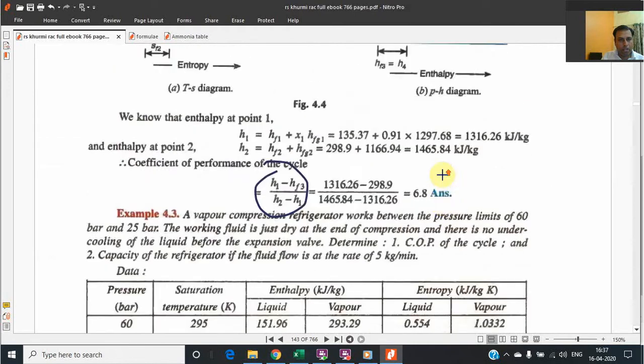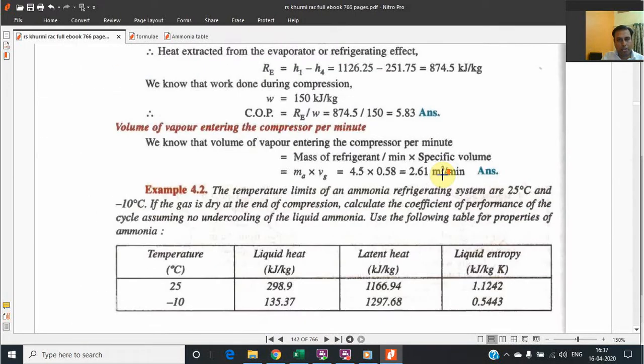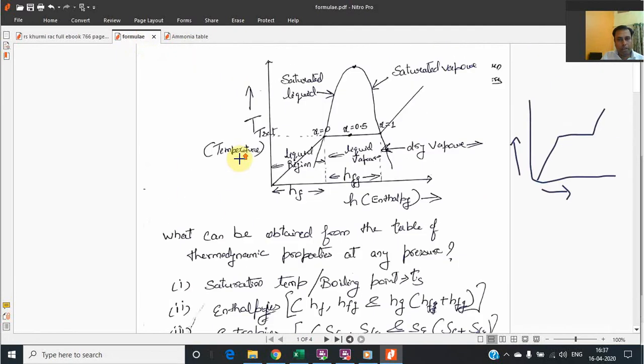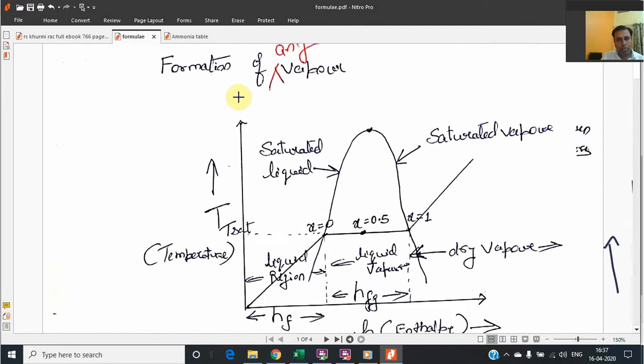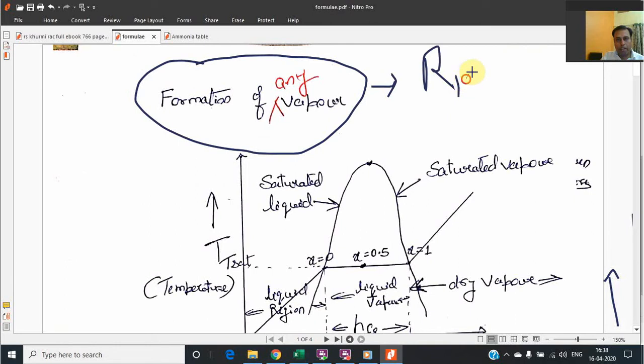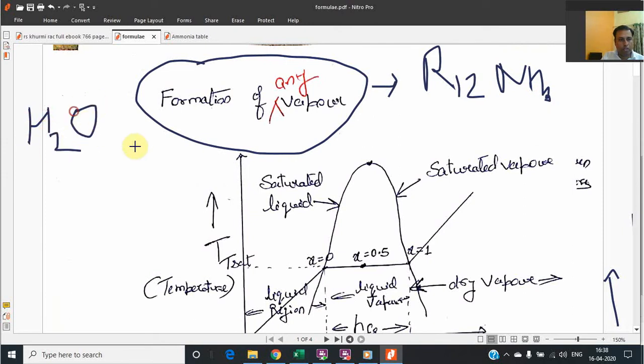Scrolling up. Now we were starting with how to see the table. What used to be there when we heat any vapor, means formation of any vapor, whether it is steam or vapor of R12 refrigerant or ammonia refrigerant, or water, because water is not used as a refrigerant, it is called steam.